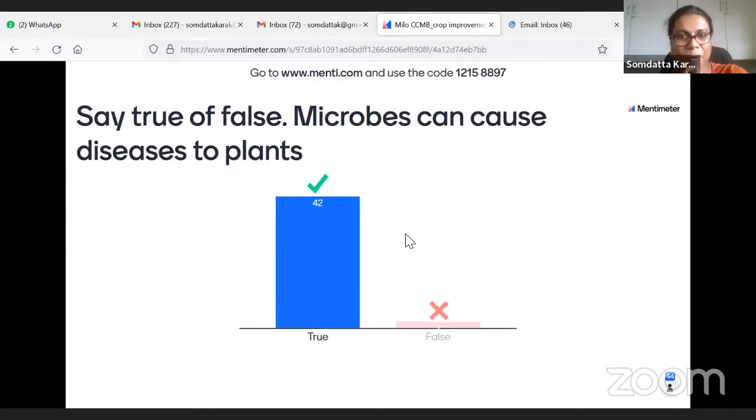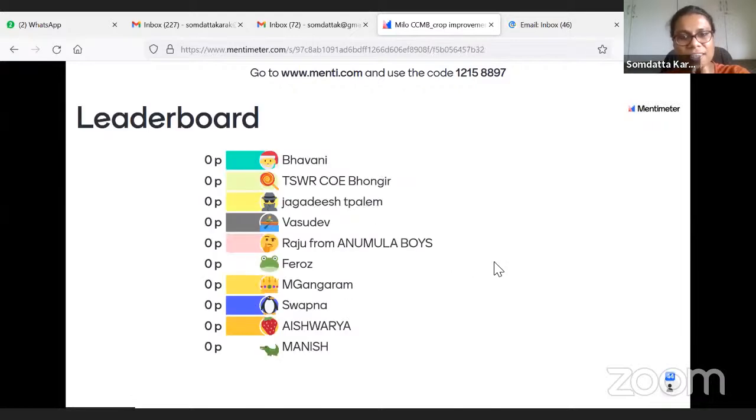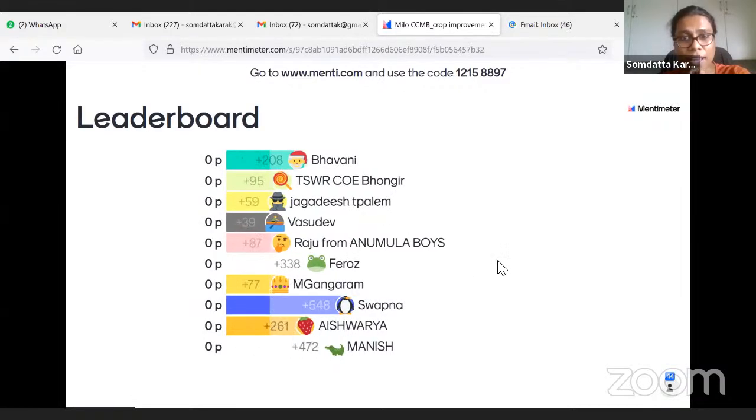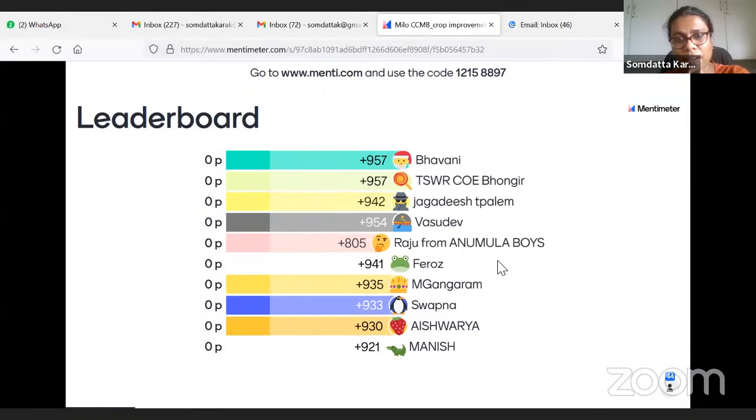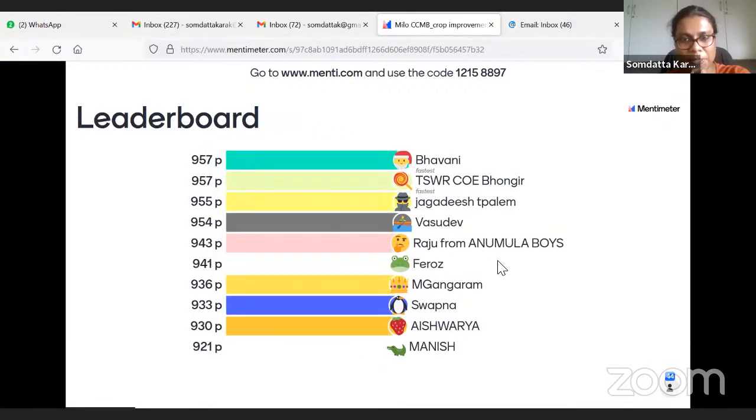We have been talking about diseases to rice plants due to microbes. Very good, all of you who got this correct. Let's go to our second question. Bhavani is leading, and Bongir is in second position. Oh, Bongir and Bhavani are both on first.